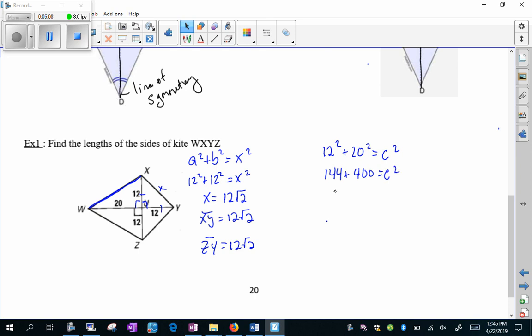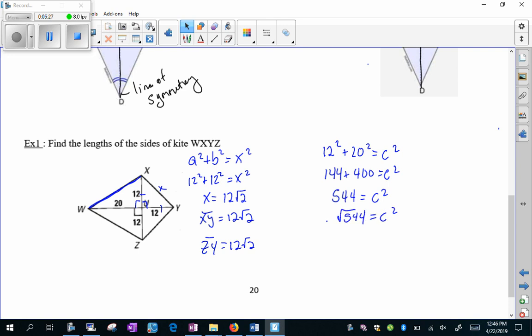I'm going to have 544 equals c squared. And then I need to simplify that, because it's going to be the square root of 544 equals c.